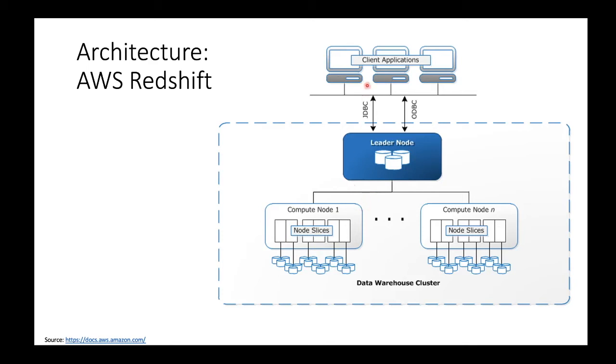Now, given that AWS Redshift is based off of Postgres, that essentially means to the outside world, be it a BI reporting tool, or code you have written through Python or Java, for example, all that code basically thinks that it's talking to another Postgres instance.